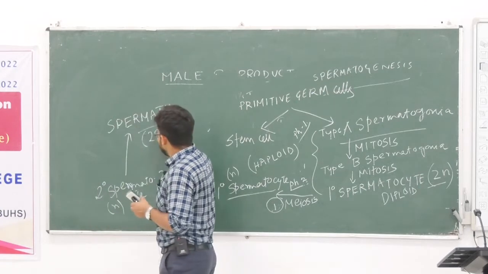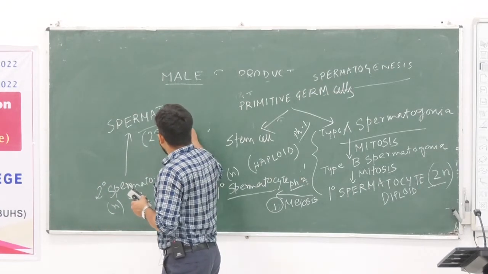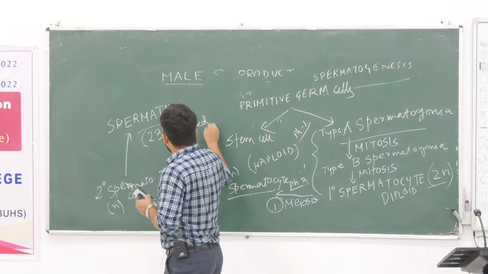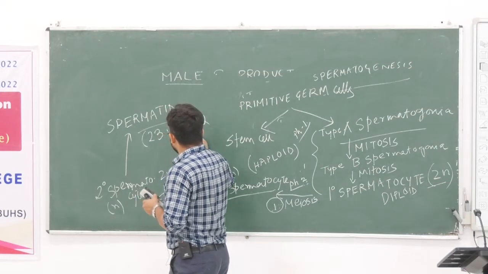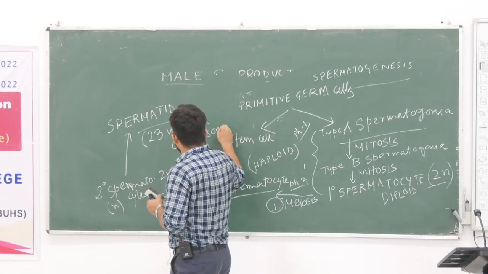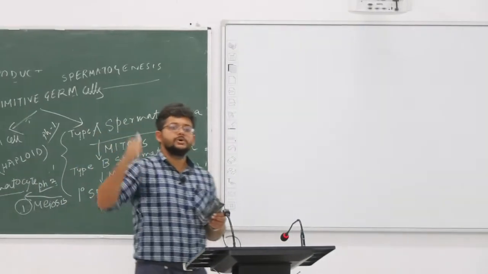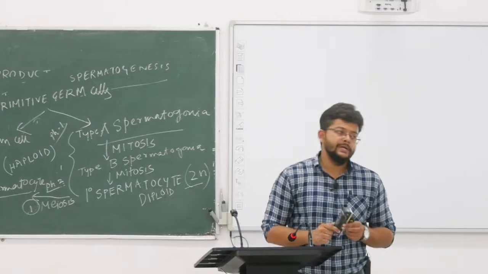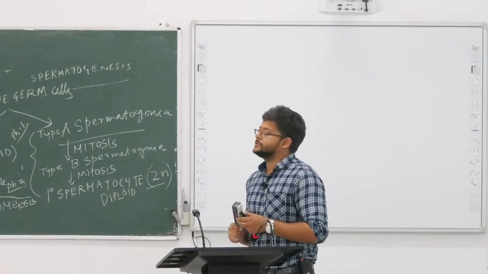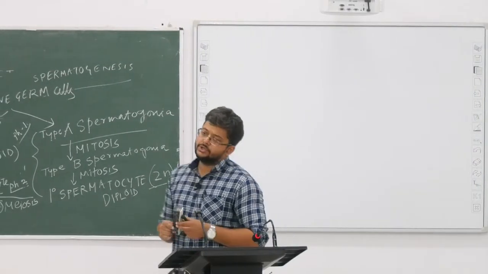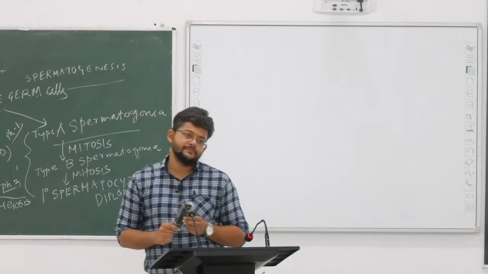This has 23 unpaired chromosomes. Up to this, phase 2 continues.